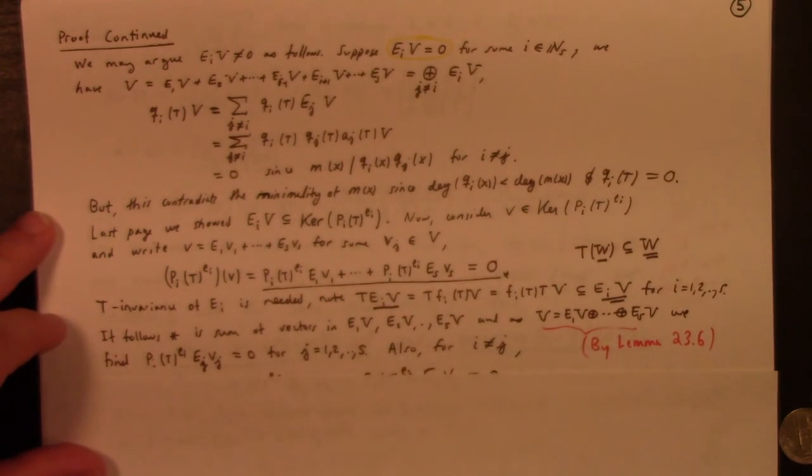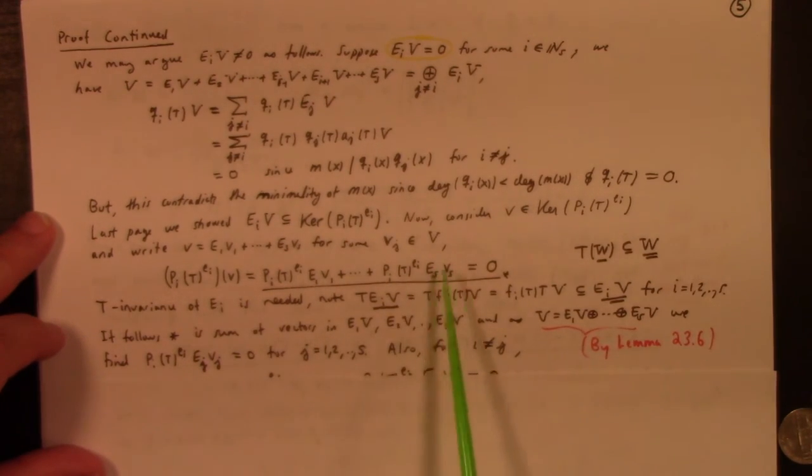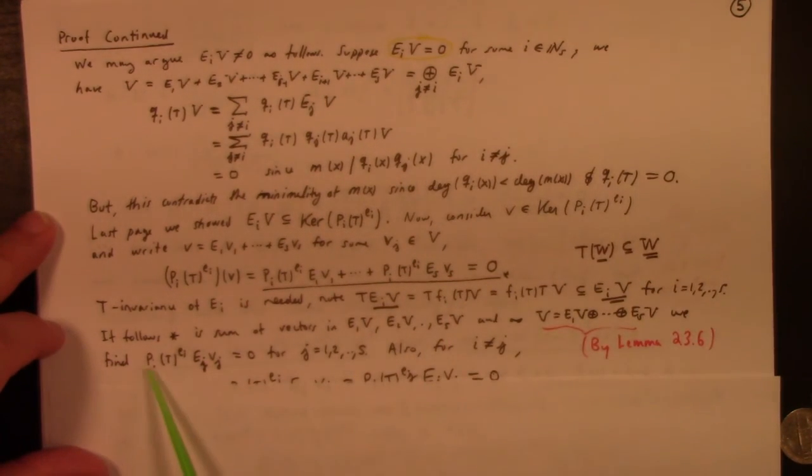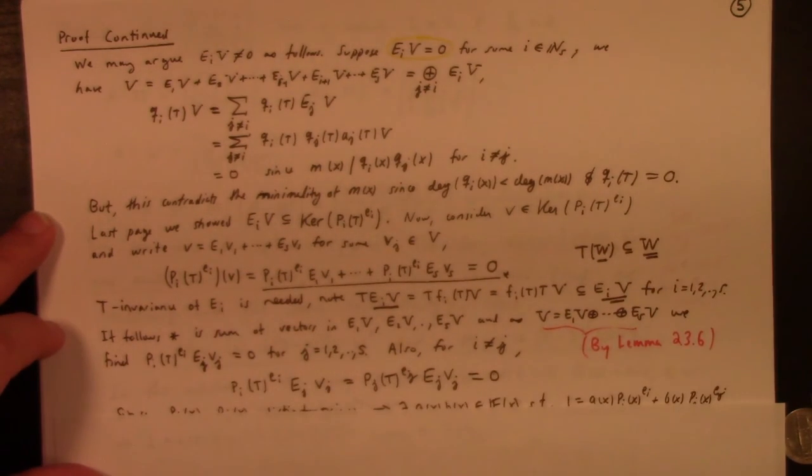So we have that this is 0, and everything is separately 0, right? So P_i(T) E_j v_j is 0 for j equals 1 to s. Now for i not equal to j, we also can argue that P_i(T) E_j v_j is equal to P_j(T) E_j v_j, which equals 0.